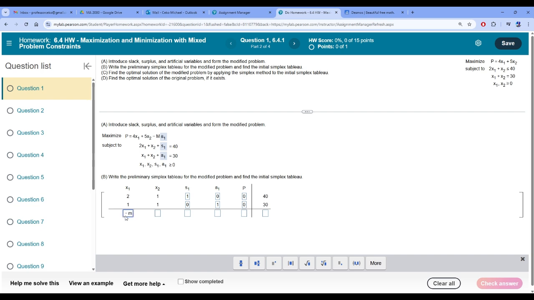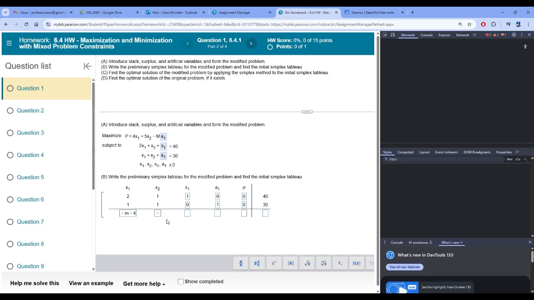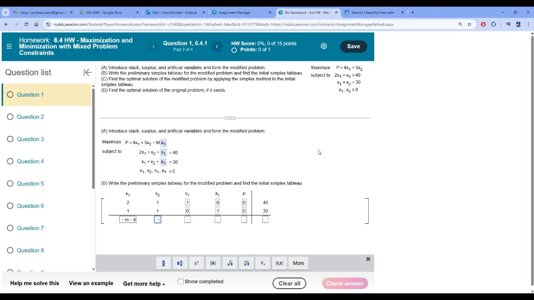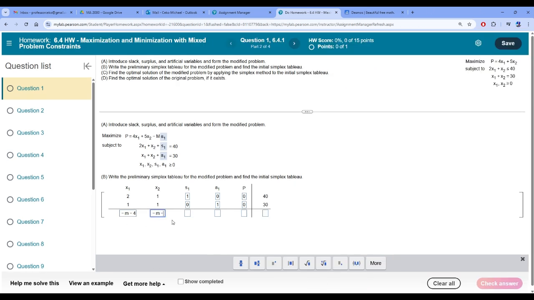This is going to be negative m minus 4. Let's try this as negative m. What did I just do? Negative m minus 5. S1 is 0. This one is 0. P is 1.